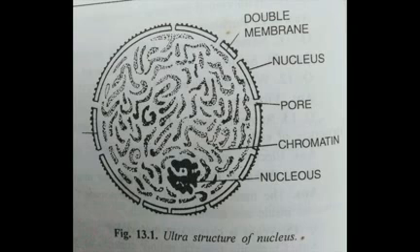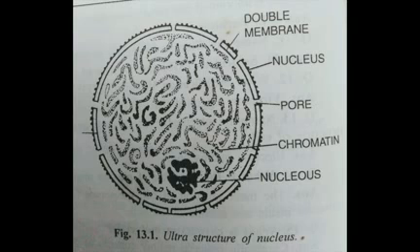It is covered by an envelope, and inside it has a nucleolus and chromatin, which forms the chromosomes during cell division. On the chromosomes are lodged the genes, which are responsible for the hereditary characters of an organism.